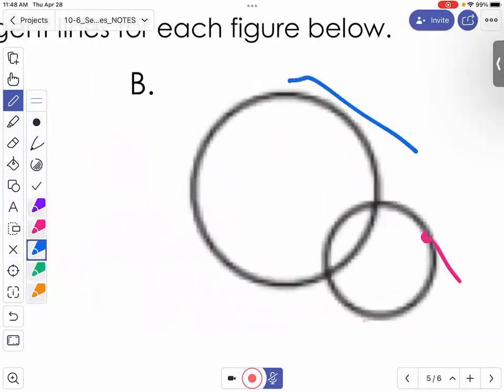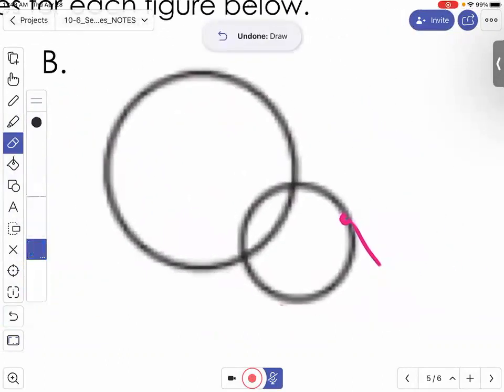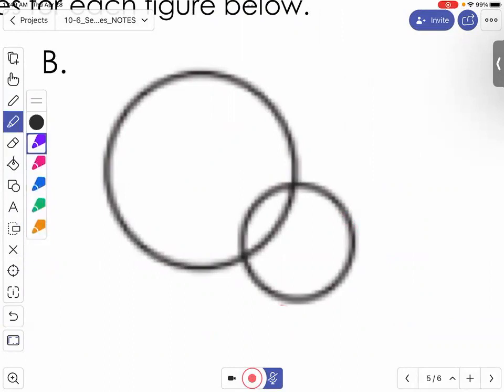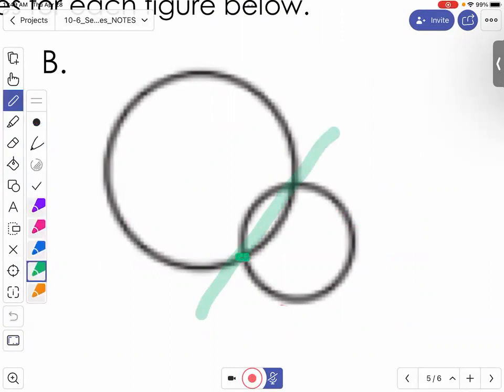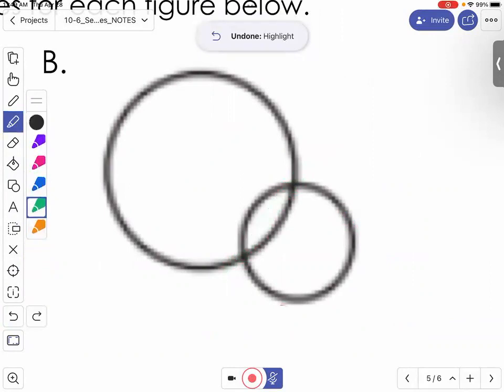Now, figure B, this time your two circles overlap each other, so I lose that tangent line in between. Tangent lines intersect only one time, and if I drew through the middle, it would cross twice. That gives us a secant line, not a tangent line.